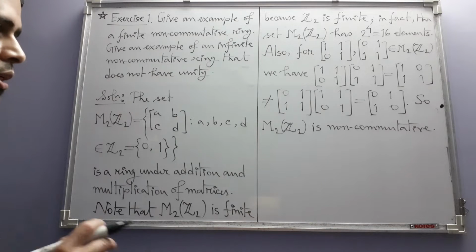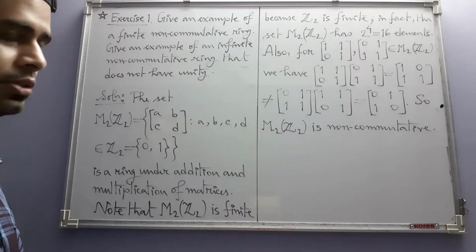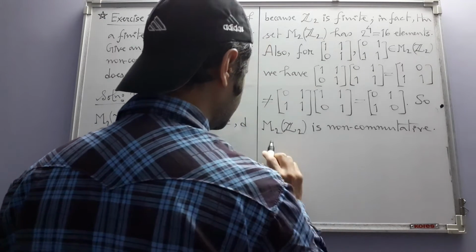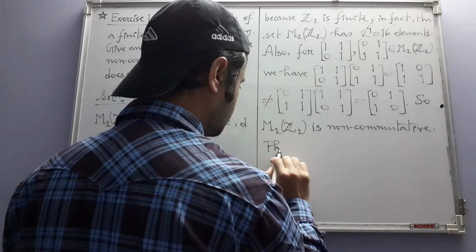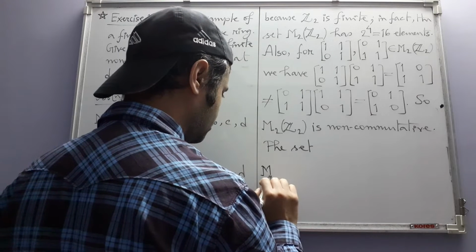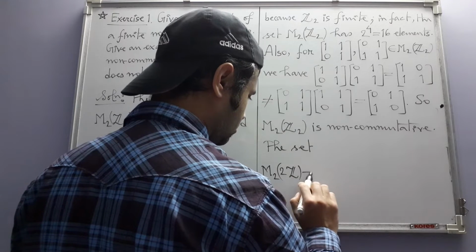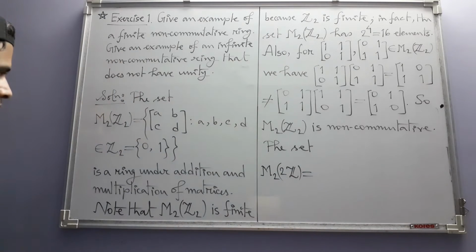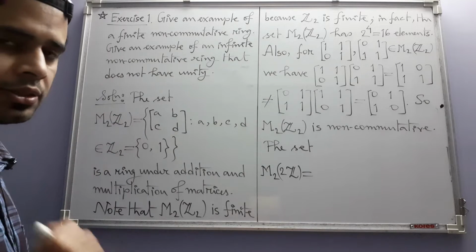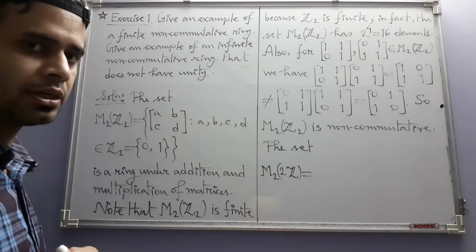Okay. Now the next example should be an infinite non-commutative ring, but also it should not have unity or identity. For that, we consider this set. Here M represents matrices and 2 is the size, the order of the matrix, 2 by 2 matrix.